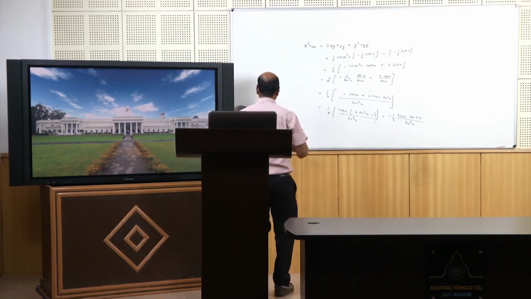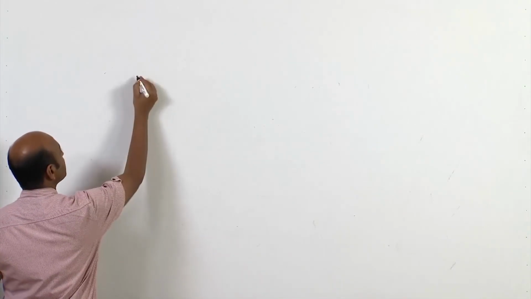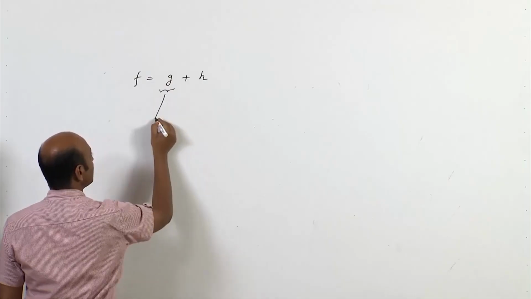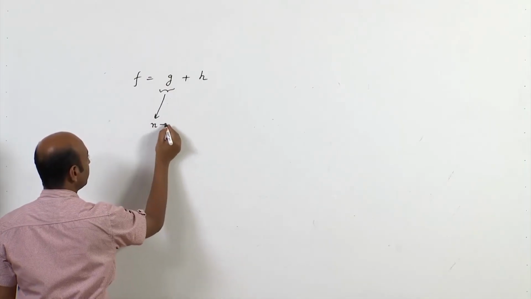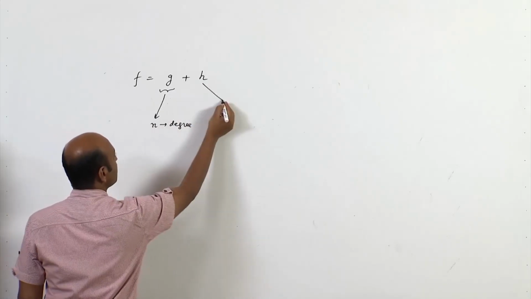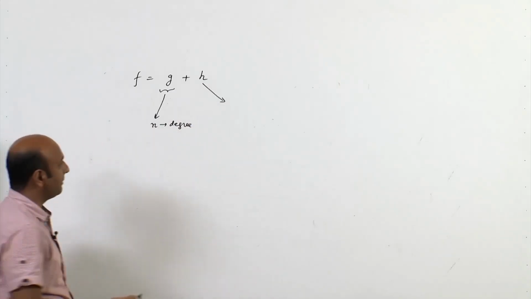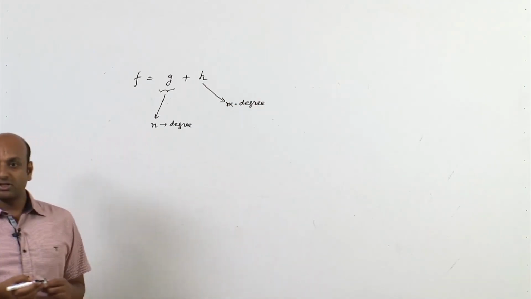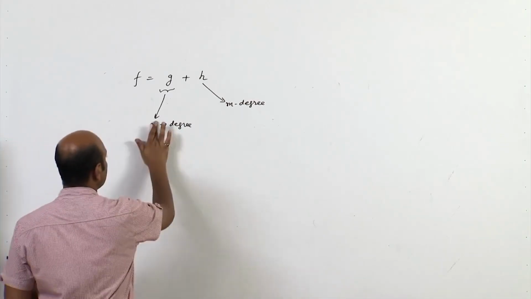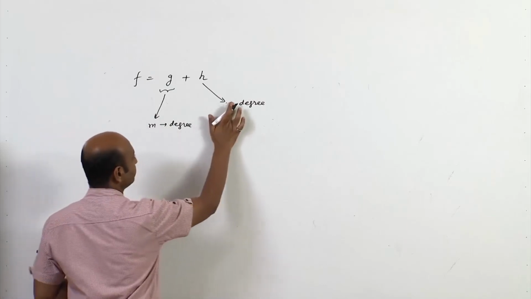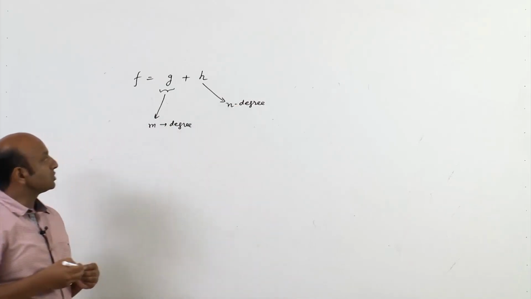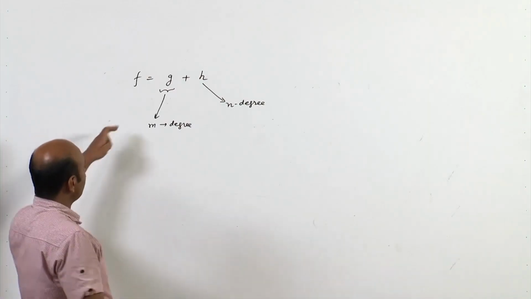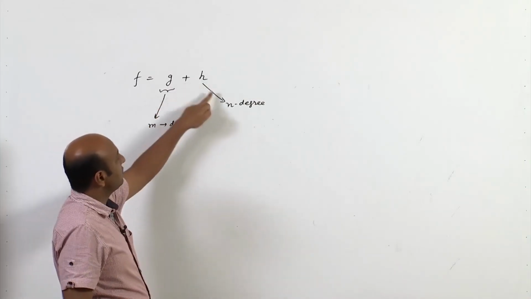Let us discuss this result. Suppose function f is a sum of two functions g and h. Suppose g is a homogeneous function of degree m, and h is a homogeneous function of degree n.